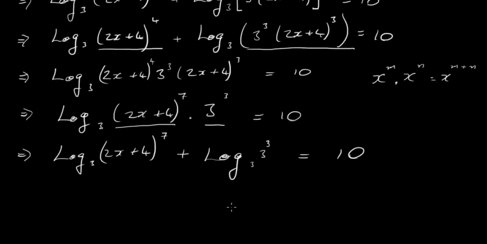So all I've done here is use the first law of logs, where you've got the log of two things multiplied, you can add: the log of the first one plus the log of the second one. Okay, so let's see what we end up with. This gives us log of 2x plus 4 to the power of 7 to the base 3 plus log of 3 cubed to the base 3.